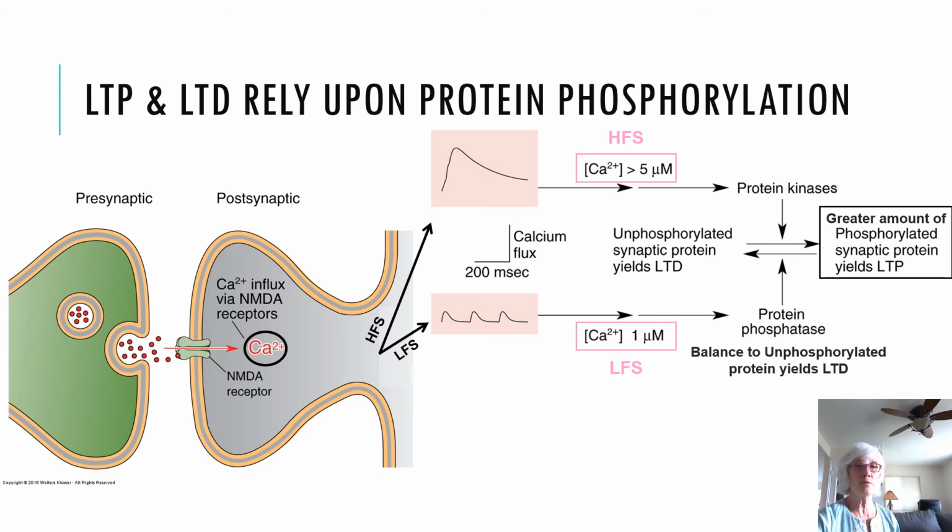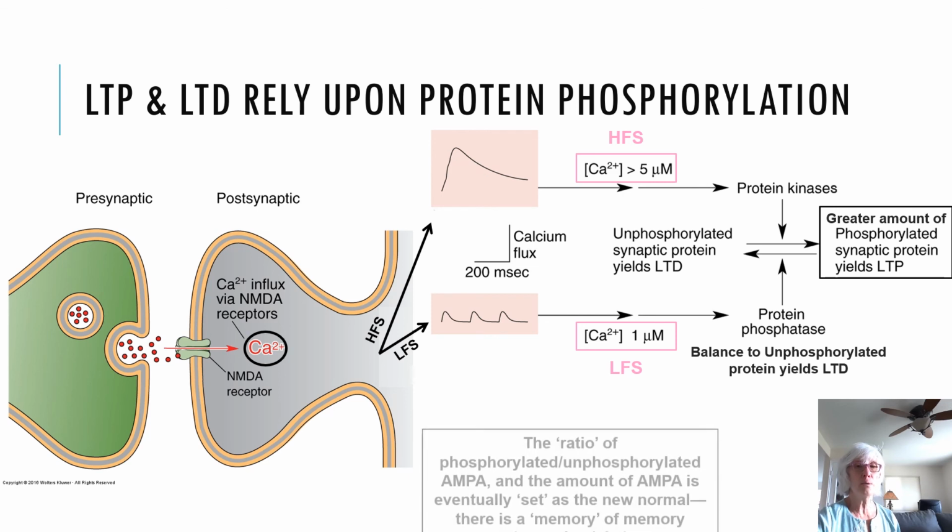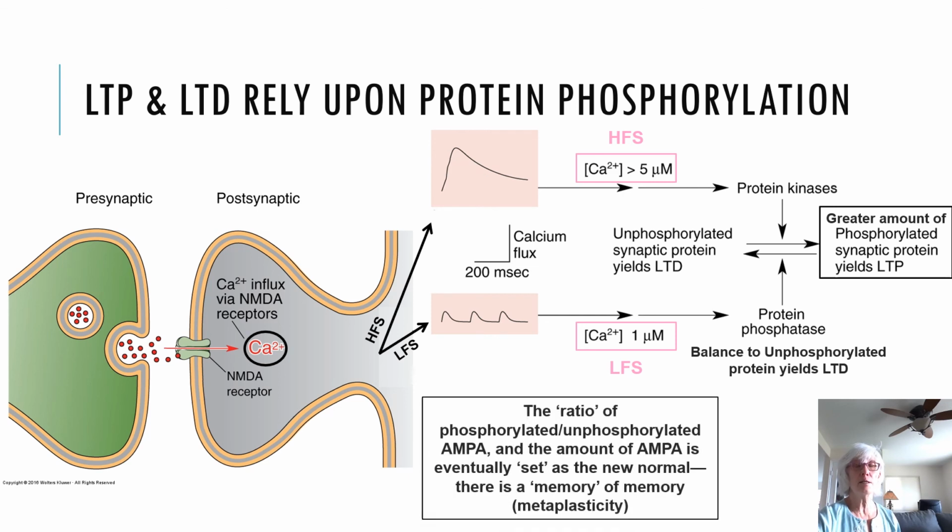More unphosphorylated protein is going to yield long-term depression. So what I'm telling you is that it's the ratio of phosphorylated and unphosphorylated protein, and specifically phosphorylated and unphosphorylated AMPA, that is going to determine whether we potentiate or depress the CA1 cell.